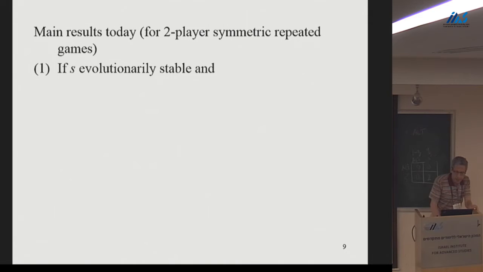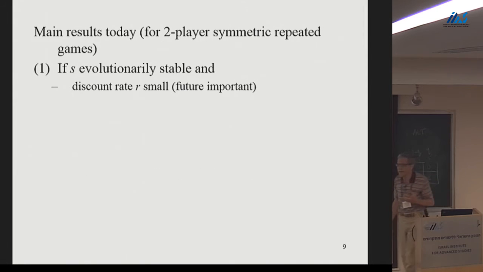So the first is the idea that we saw here in the example. If a strategy is evolutionarily stable, and if there's not too much discounting, and for my purposes, it'll be easier to work with discount rates rather than discount factors. So the discount factor delta is 1 over 1 plus r, the discount rate. I'm assuming that everyone has seen the distinction before.